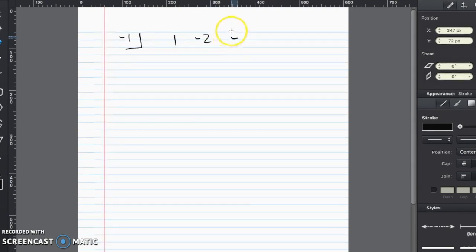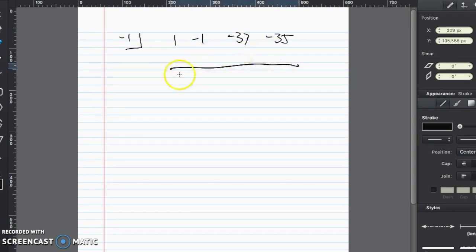Oops, hold on one sec, sorry. 1, -1, -37, and -35. So I can go -1, and again, synthetic division, so I have 1, -1, so that's -2. Not a problem. -2 times -1 is +2.